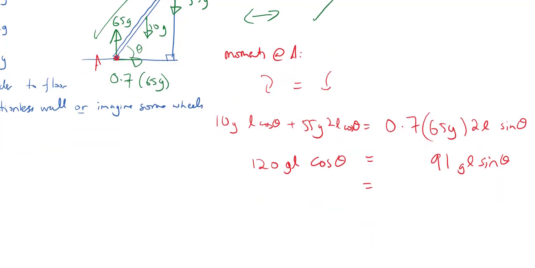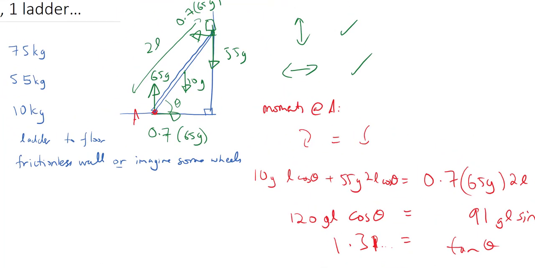So divide that through. Tan theta is equal to 120 divided by 91, which is 1.32, well, 1 and a bit. Shift tan, 52.8 to 1 dp.